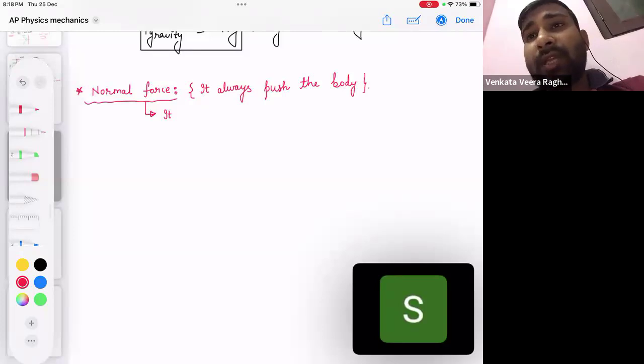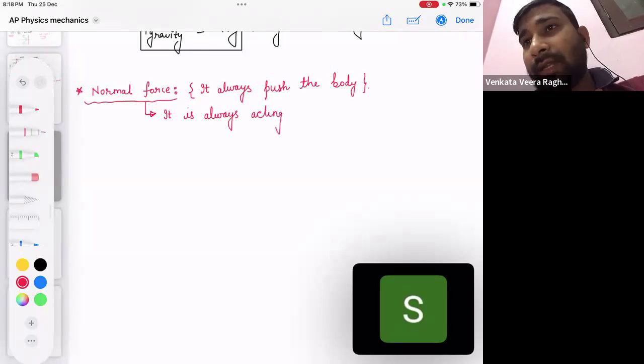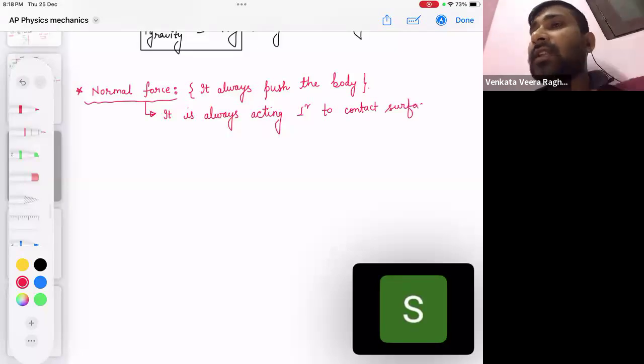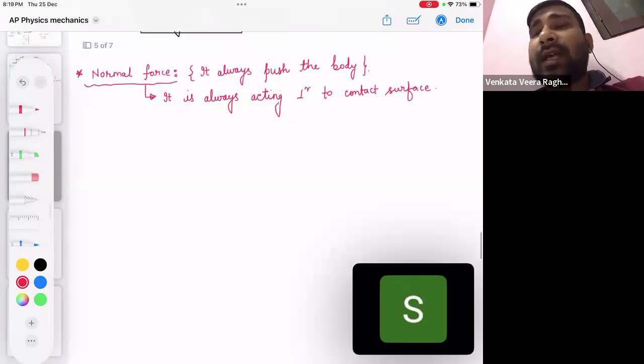So it is always pushing the body and always acting perpendicular to the contact surface. Understood? What direction does it act? It always acts perpendicular to the contact surface, and in such a direction that it will push the body away.